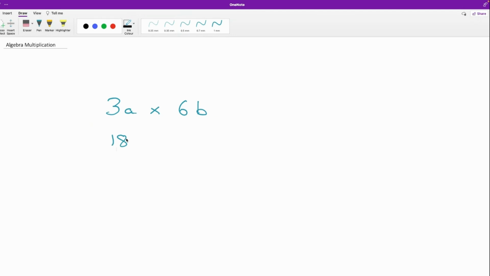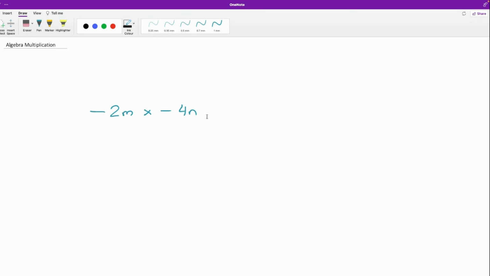Now, because they're not like terms, we won't get an addition in the powers. Instead, they're going to join together. So a times b also just means ab. So overall, we can see our answer is positive 18ab. And it breaks down into our sign, we can imagine there's a positive over here, our number, and our pronumerals.